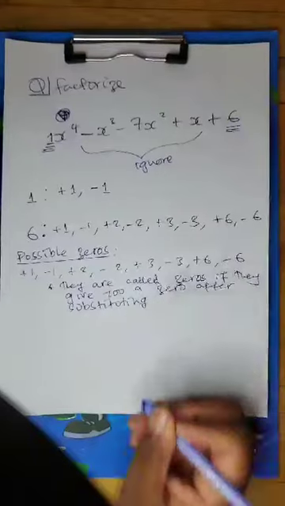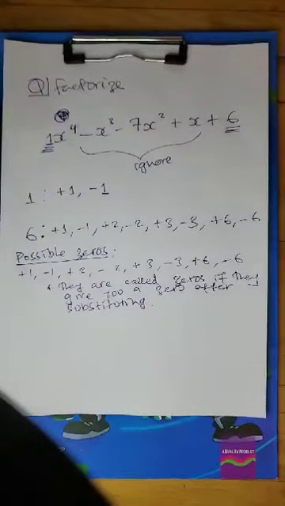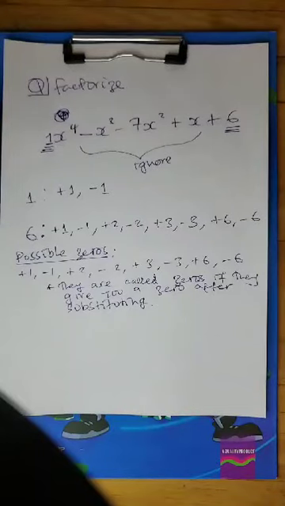Remember we said you are only interested in numbers that will give you a 0 once you substitute. They should give you a 0 once you substitute. So any number that gives you a 0 when you substitute it is basically just called a 0.